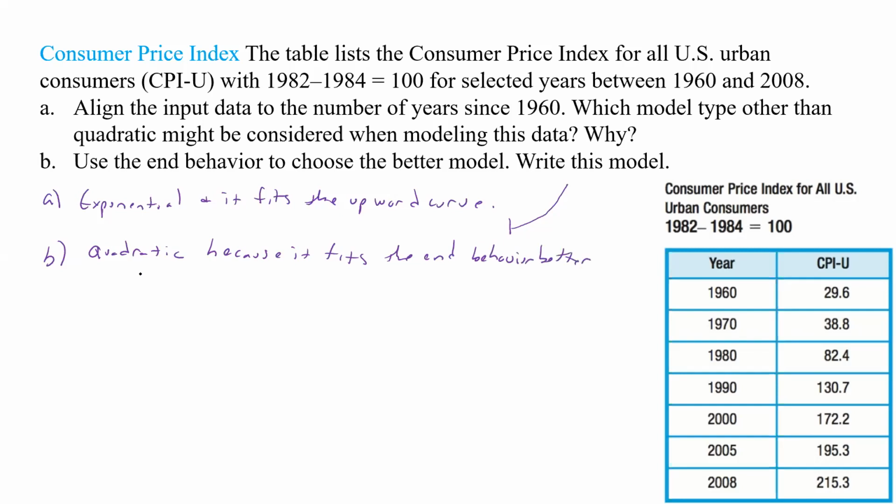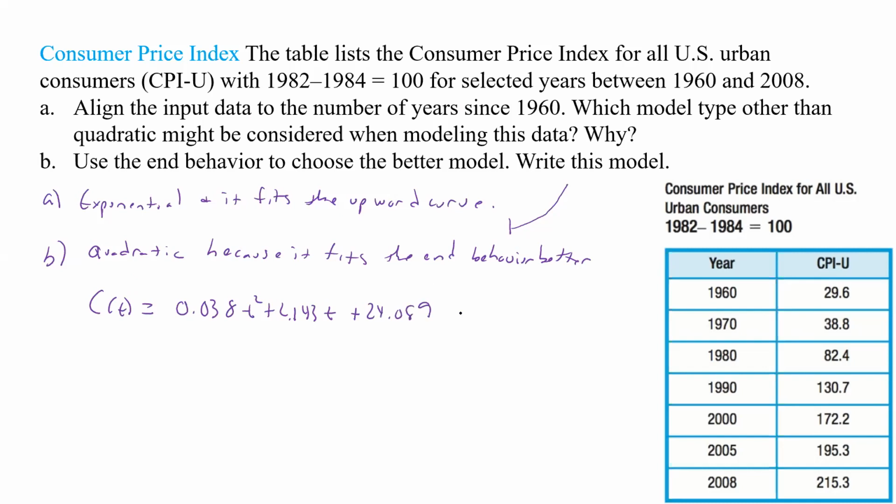And our model, so let's see, maybe it's C of t, with t for years, and that's going to be equal to approximately, now we're going to round this, 0.038t squared plus 2.143t plus 24.089.